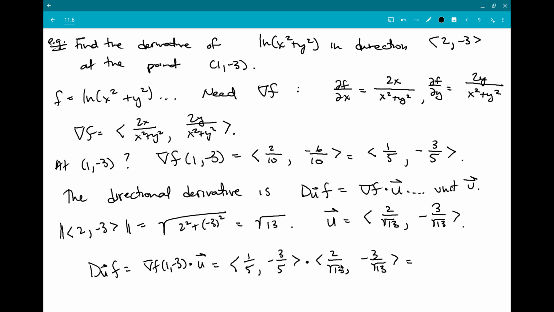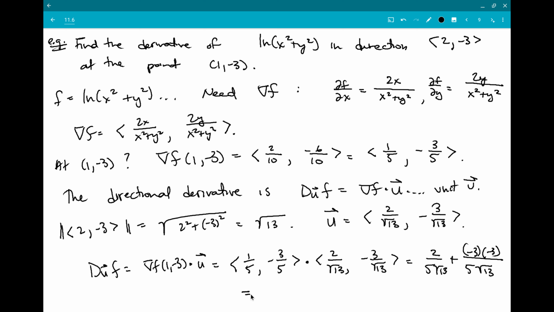And that's 2 over 5 root 13, 2 times 1 over 5 times root 13, plus negative 3 times negative 3 over 5 root 13.